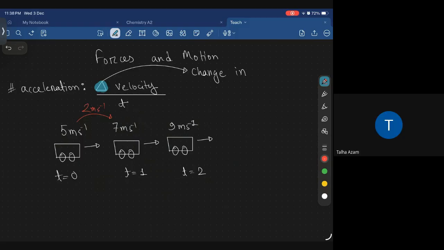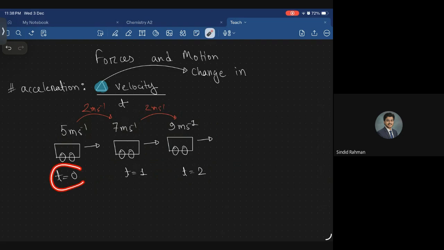And then for the next second, the speed is also 2 meters per second. So we can see that after every second, the car's speed is increased by 2 meters per second, the car's velocity is increased by 2 meters per second.